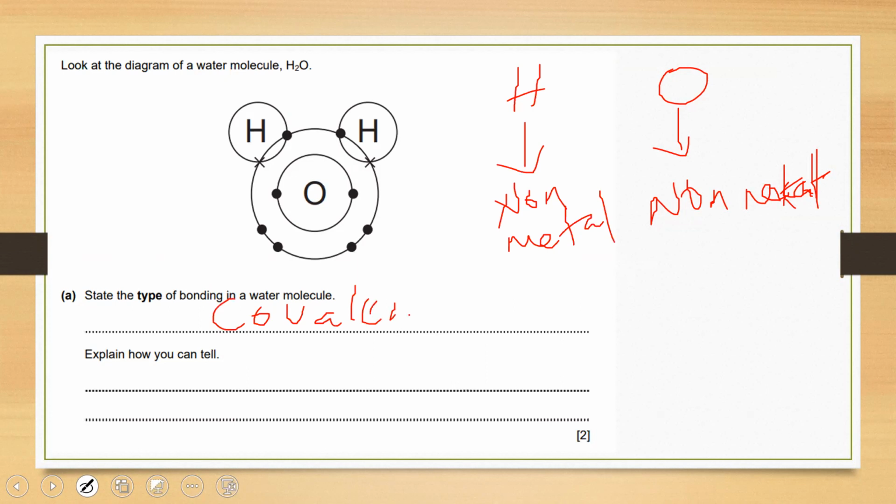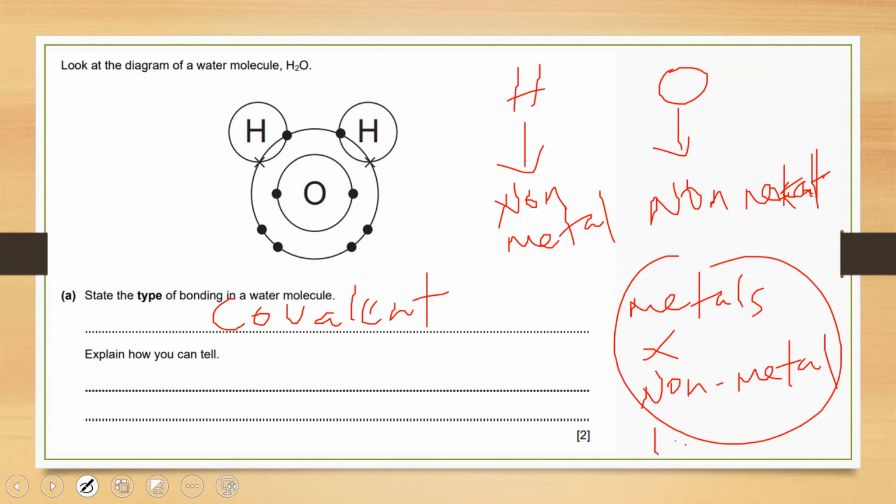However, if it were to be between a metal and a non-metal, if I have another question next time that is between a metal and a non-metal, then definitely this will represent ionic bonding.